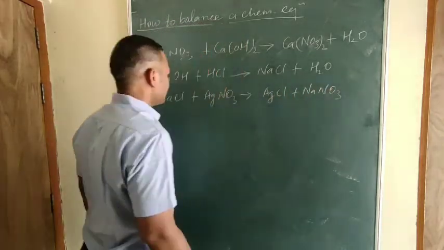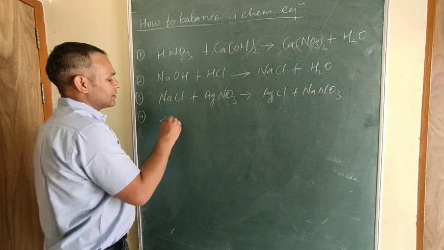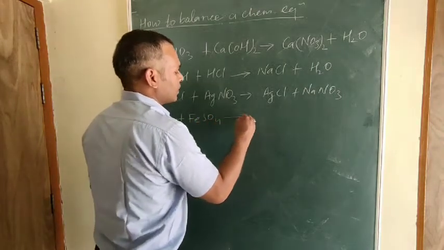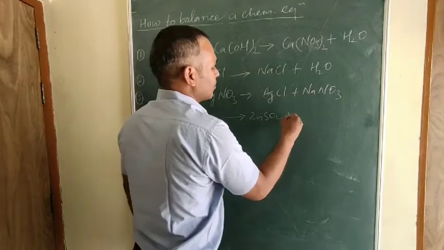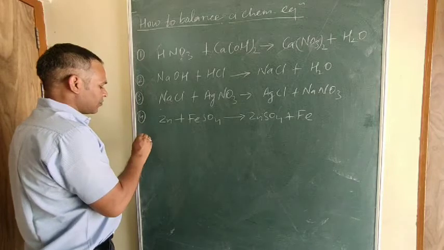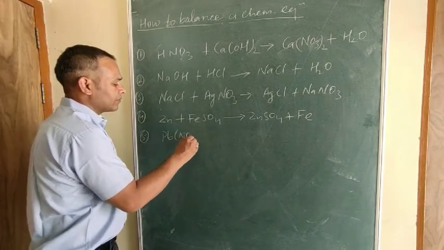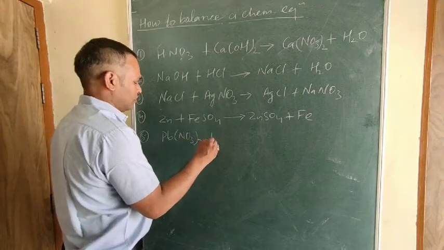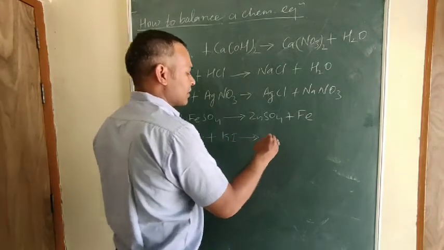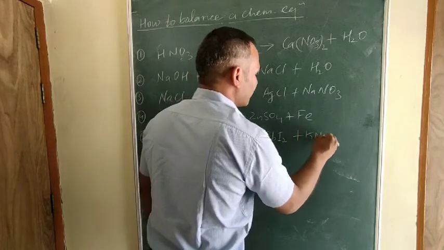Balance करना है आपको. Another example we can take: zinc plus iron sulfate equals zinc sulfate plus iron. Another example we can take: lead nitrate plus potassium iodide gives lead iodide plus potassium nitrate.